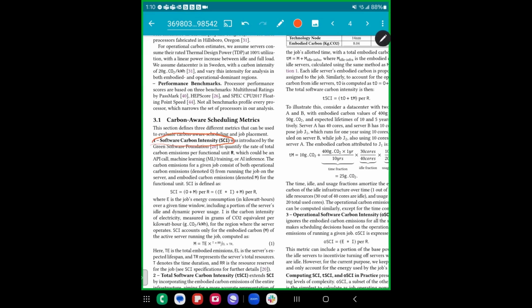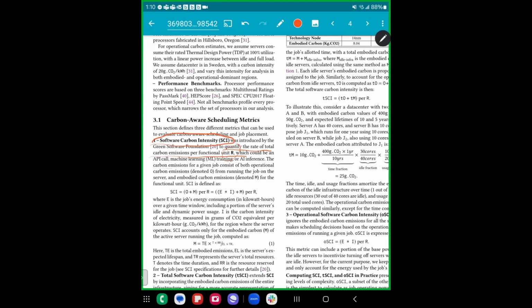It's a metric that was introduced by the Green Software Foundation to quantify the rate of total carbon emissions per functional unit R, which in this case, this paper mostly looks at the CPUs. The functional unit is the software running on a particular device.